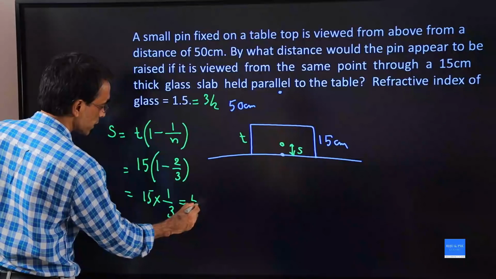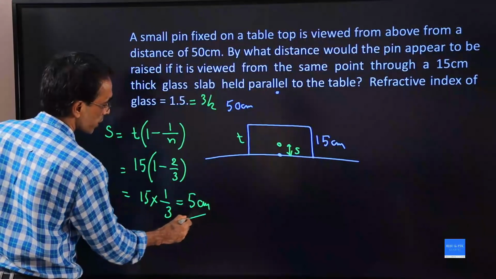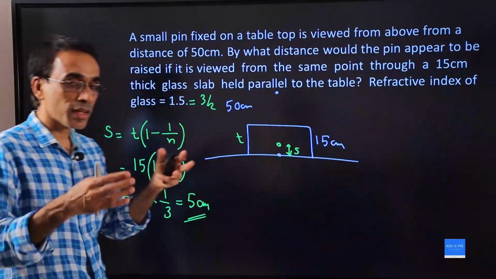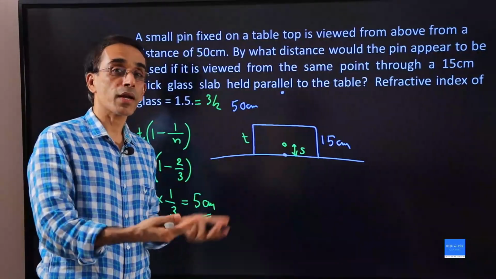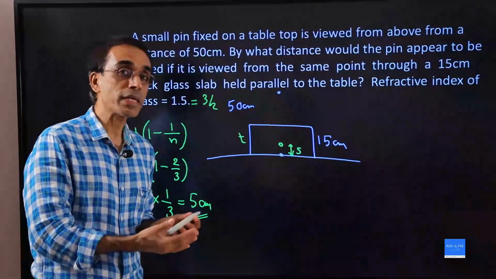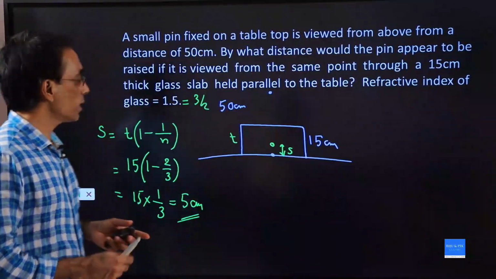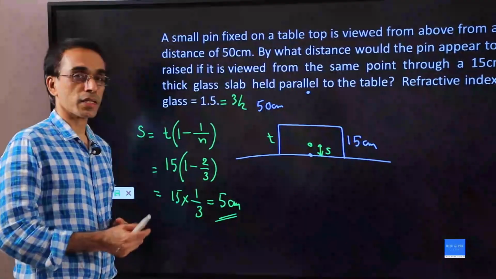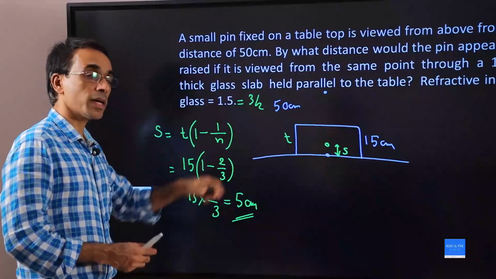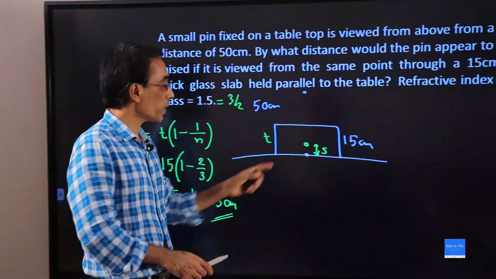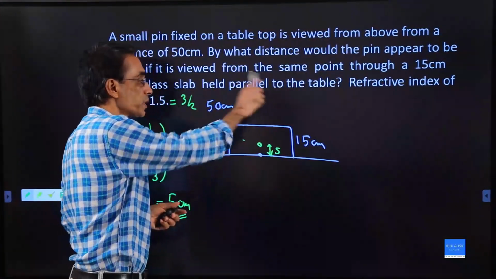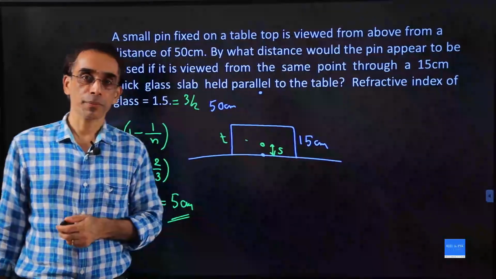So this gives you an easy answer of 5 centimeter. So when you watch it through the glass slab, the pin will appear 5 centimeter raised from its real position. Shift equals T into 1 minus 1 by n, where n is the refractive index of this slab with respect to the surrounding medium.